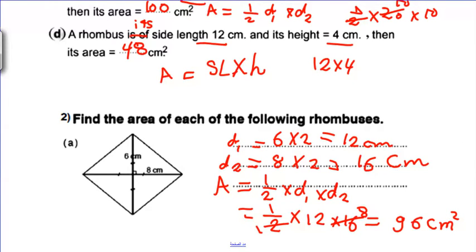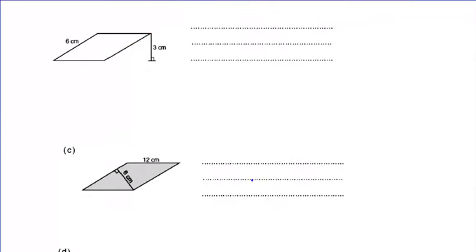Okay, the next one, he gave me the side length equal 6 centimeter and he gave me the height. If you see this sign, it means perpendicular, and perpendicular means altitude means height.